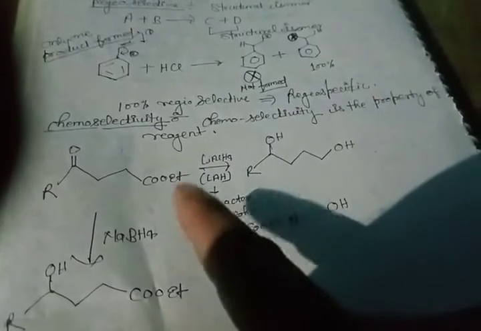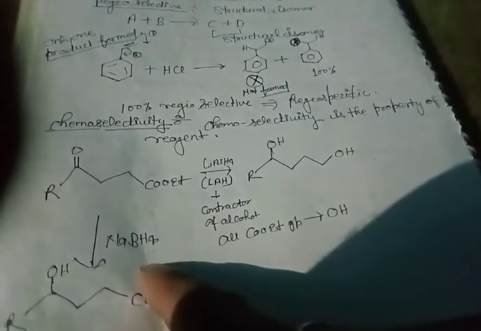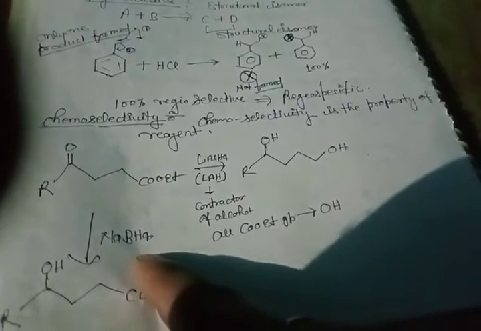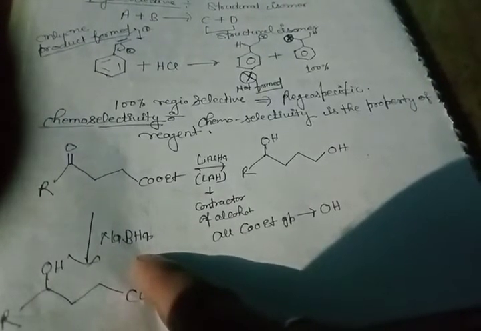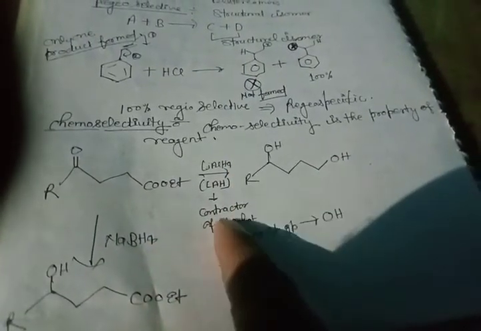chemoselectivity. Conductor of alcohol. This lithium aluminum hydride is very important. It always keeps OH with the ketone or ester, COE group. So it is called conductor of alcohol. Very important.